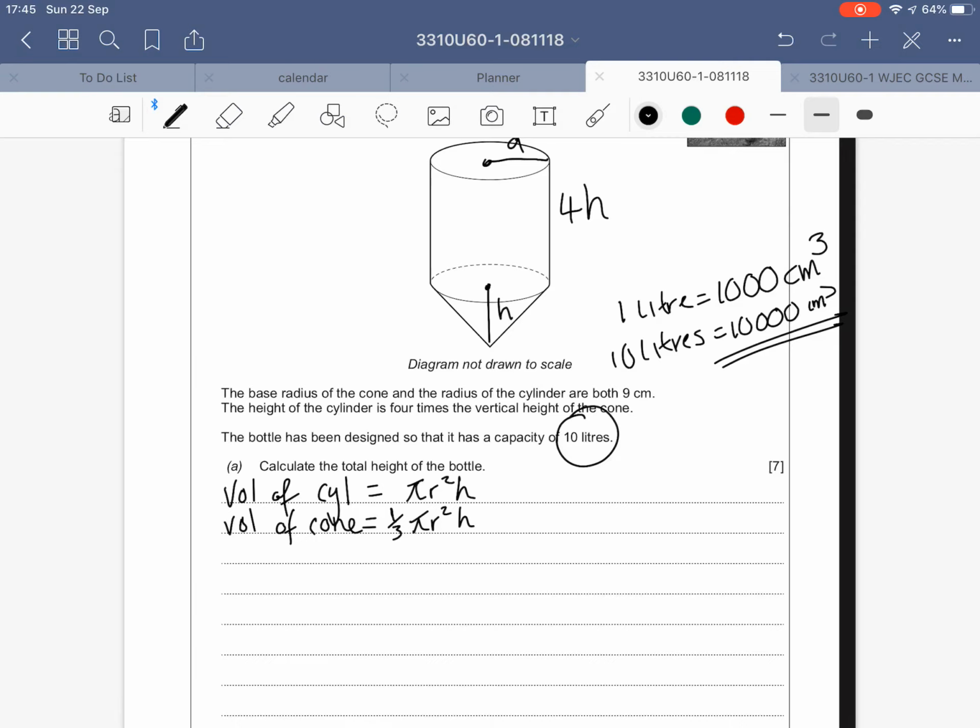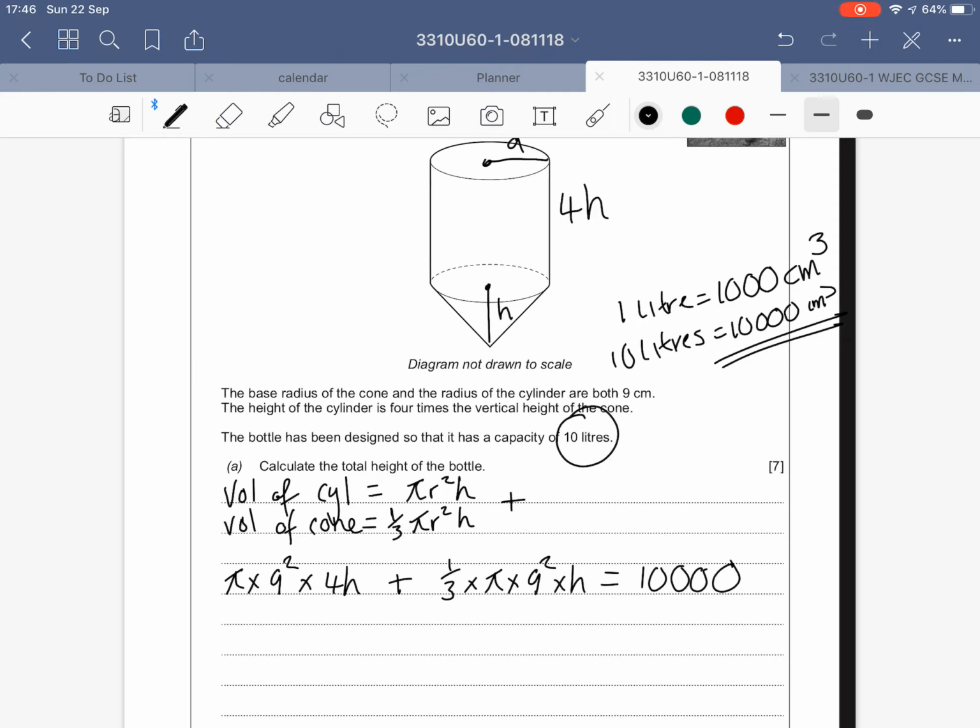So, volume of the cylinder, we've got pi times r squared. R is 9, so 9 squared. And the height of this is 4 lots of h, so don't forget that. So I just need to add them, basically. And the cone is a third times pi times r squared, which is 9 squared, times our height, which we don't have, which equals 10,000.